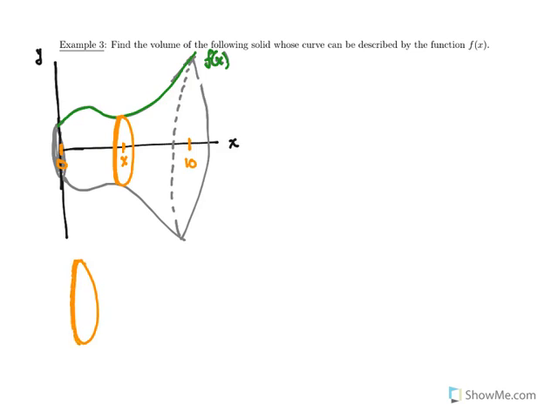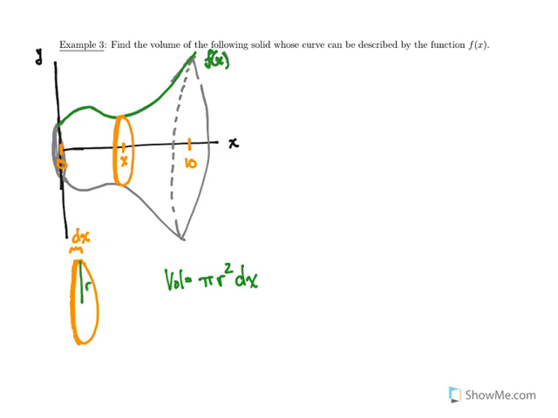We know that the thickness of this slice is going to be dx. It's a small change in the x direction. And we know that the volume of this is going to be pi r squared dx. The question is, what is r?